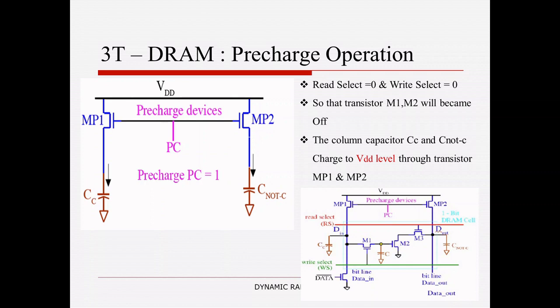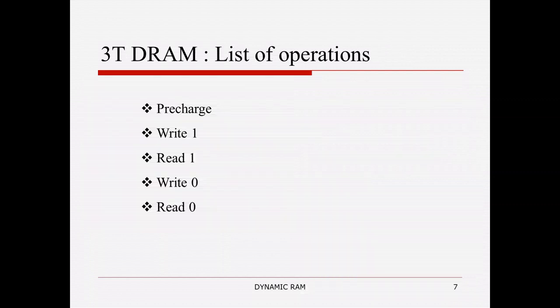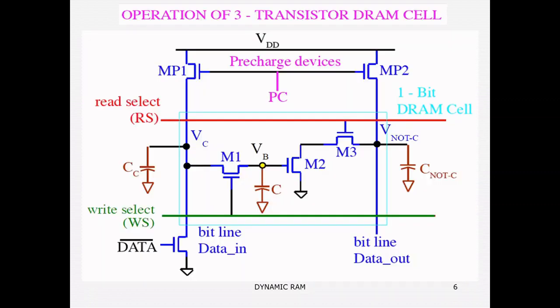In the pre-charge operation, in the overall architecture, which consists of n number of transistors, out of these we need to switch on transistors MP1 and MP2, and keep the rest of the transistors in the off condition.